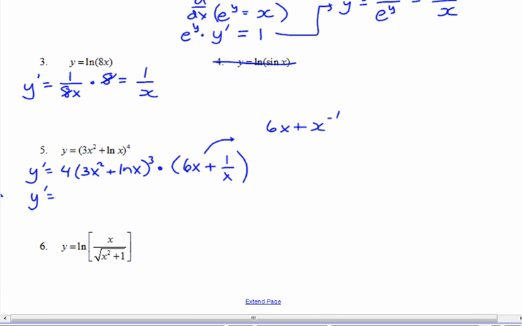Because if I had to find my zeros, when y prime is 0, we need to have this in factored form. So factoring out x to the negative 1, what is that going to leave inside my brackets? 6x squared plus 1.